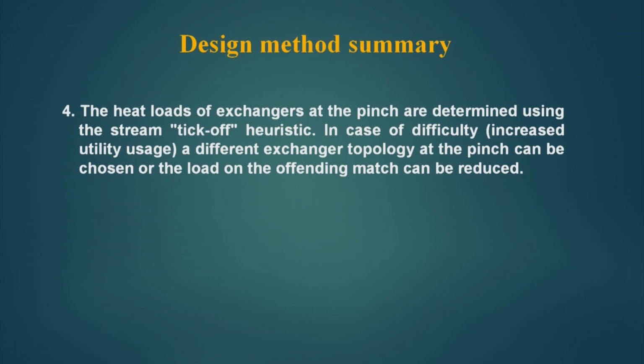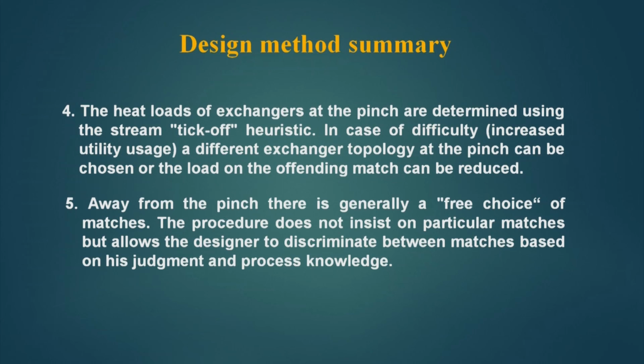In case of difficulty, such as increased utility usage, a different heat exchanger topology at the pinch can be chosen, or the load on the offending match can be reduced. Away from the pinch, there is generally a free choice. This is very important, because if we are designing non-pinch heat exchangers, then there is a free choice available.